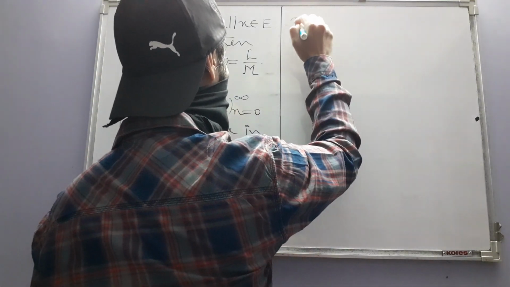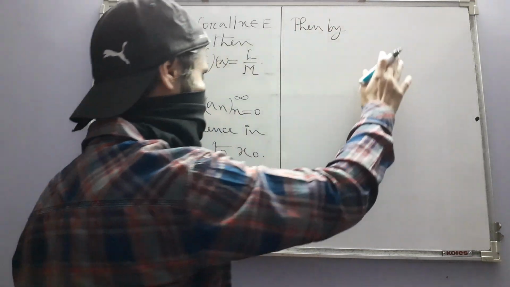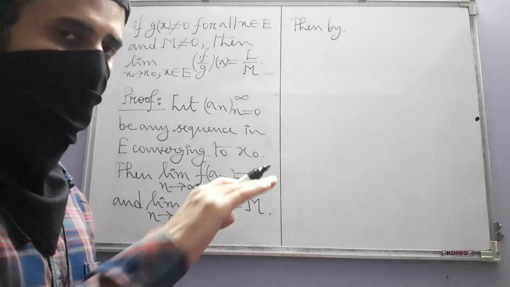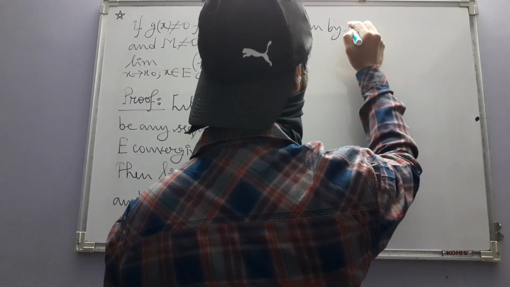Then by, although I remember the number that the law has, or laws of limits of sequences, but I forgot if it's a theorem or proposition or whatever it is.